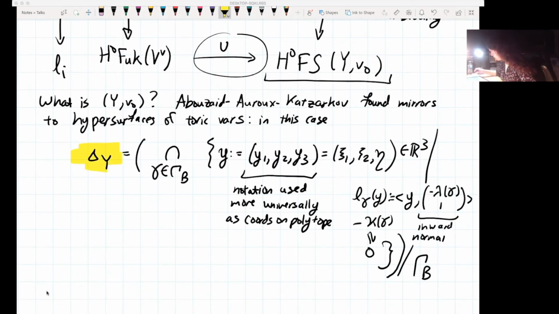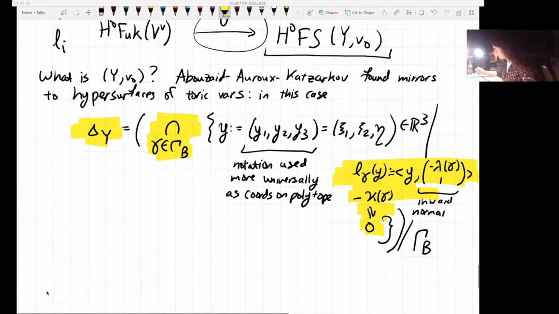Polytope. Half space. Here's the intersection. Toric varieties, but you have to quotient by this gamma.